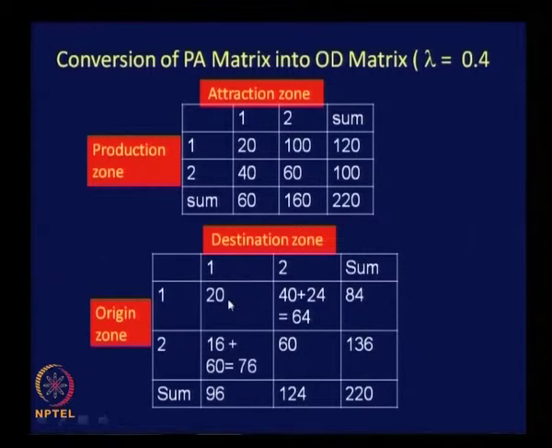Interestingly, you can see the diagonal cell values are unchanged because they represent intrazonal movements and they will remain unchanged. Clear? So, you can apply the same principle to convert any size of PA matrix into OD matrix.